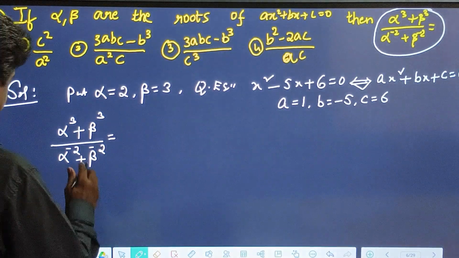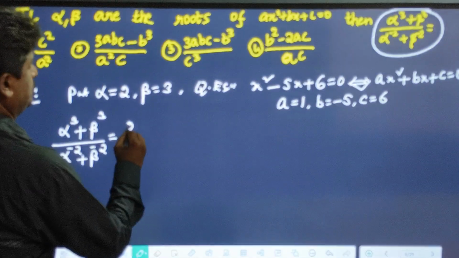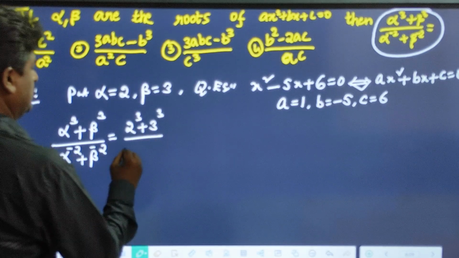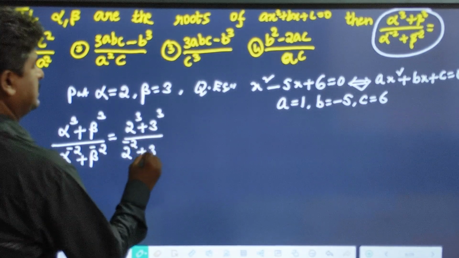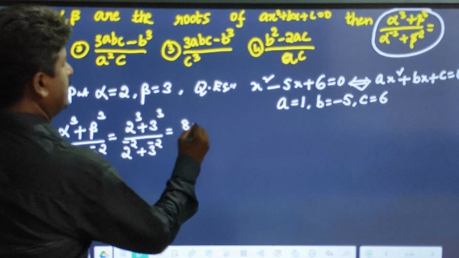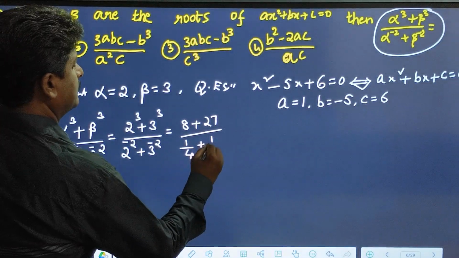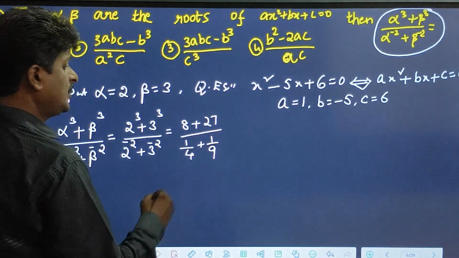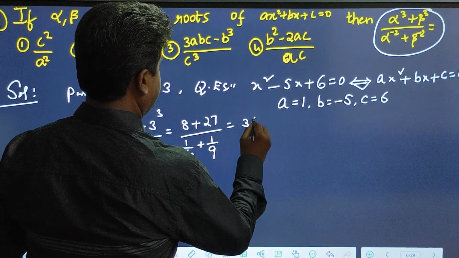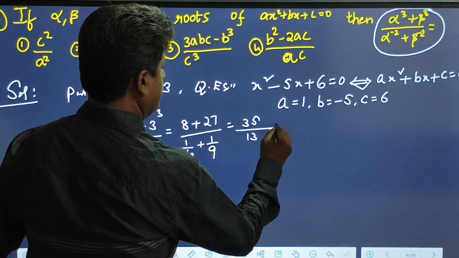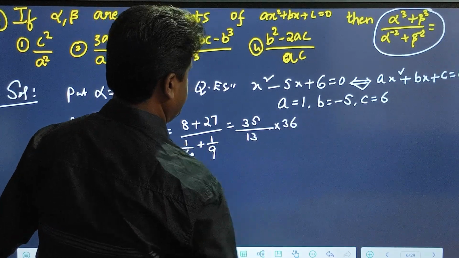That's why alpha cube, 2 cube plus 3 cube, by 2 power minus 2 plus 3 power minus 2. That is 8 plus 27 by 1 by 4 plus 1 by 9. This is 35 by 9 plus 4, 13, and 36 goes to the numerator.